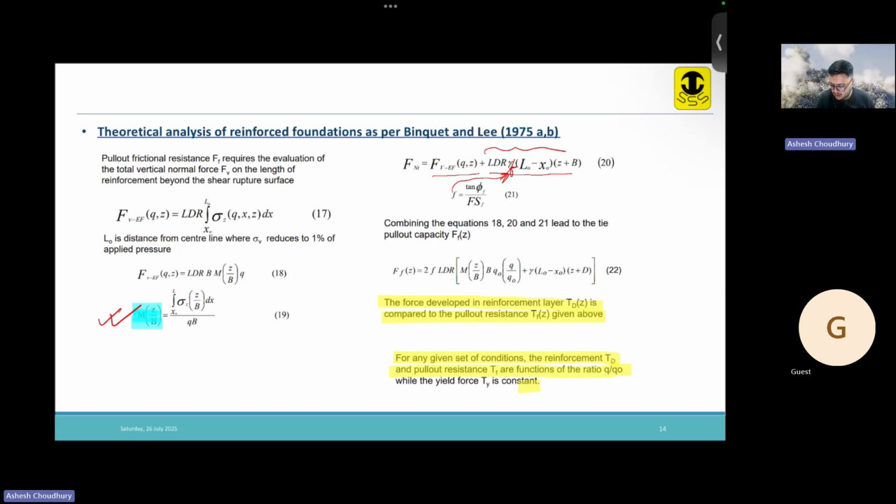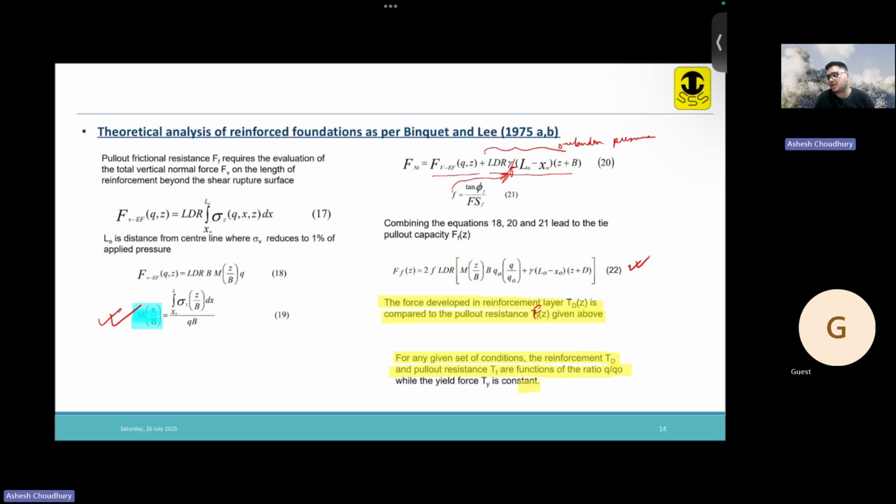So this is the overburden pressure. Now if we combine this, finally we get this FF. This equation is very important. FF is given by twice F LDR bracket M times B times q naught times q by q naught, where M is a function of Z by B, B is the width of the footing, q naught is the footing pressure of the unreinforced soil, and q is the footing pressure when the soil is reinforced, plus gamma times L naught minus X naught.